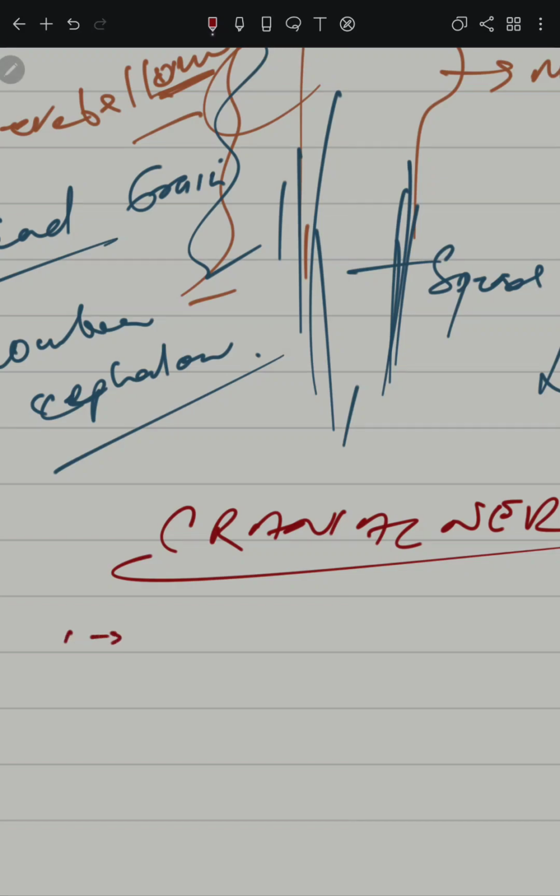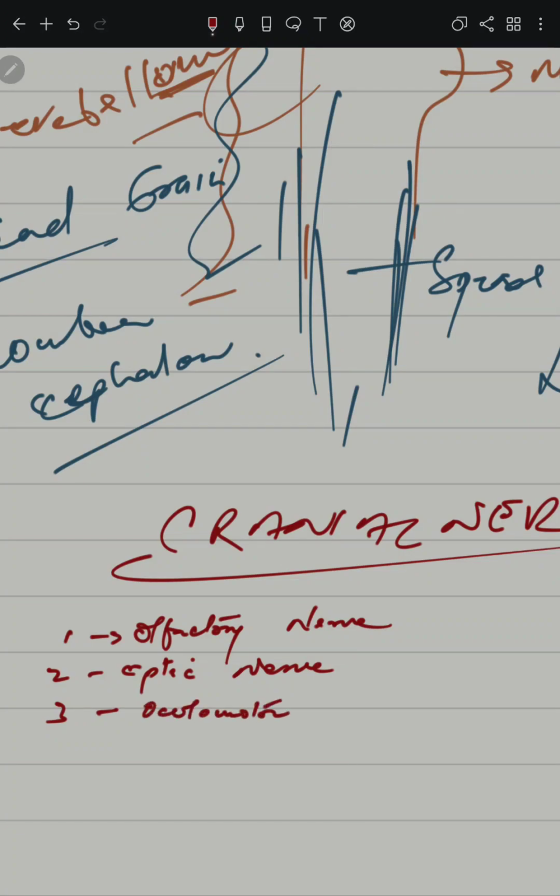First one is called the olfactory nerve. Second one, the optic nerve. Third one, oculomotor. This is the eye movement, and olfactory, that is the smell, and optic, that is the vision.